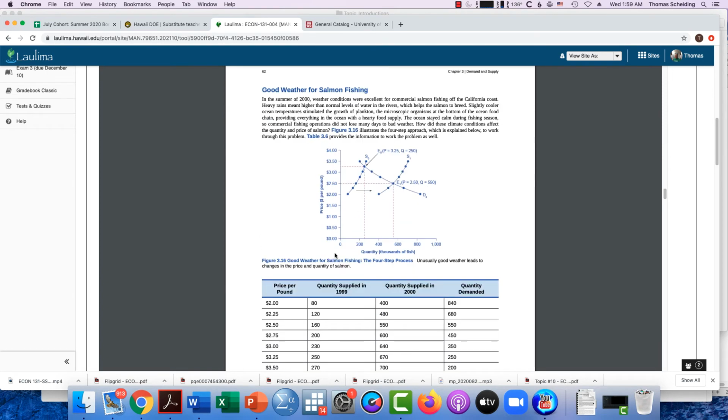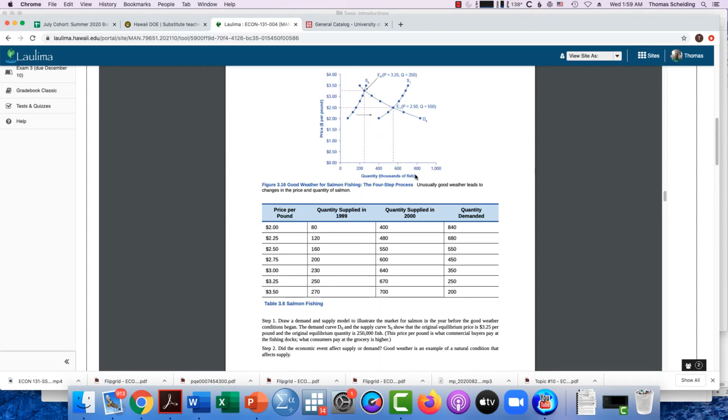But what you could see here is that if I have something where the supply curve shifts to the right, increases, you'll notice here that the equilibrium price falls and the equilibrium quantity rises. Your value as an economist would be in being able to predict that that would happen based on whatever event it was that caused the supply curve to shift.